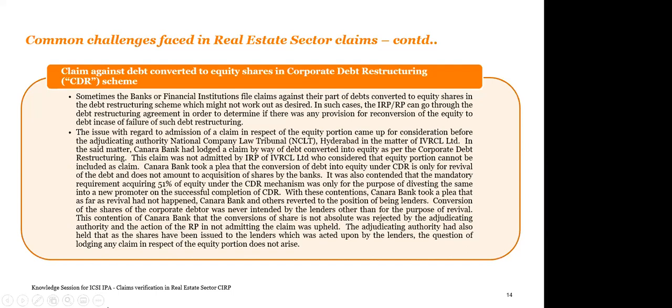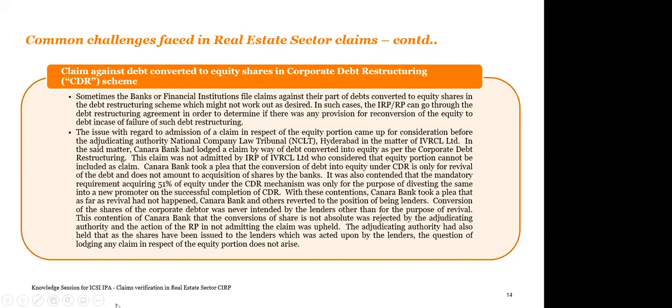What the authority has said is that the shares have been issued to the lenders, which was acted upon by the lenders. So they intentionally converted it, they agreed to convert it, and it was acted upon. Actual conversion was done, they signed the CDR agreement. So the question of lodging any claim in respect of the equity portion does not arise.